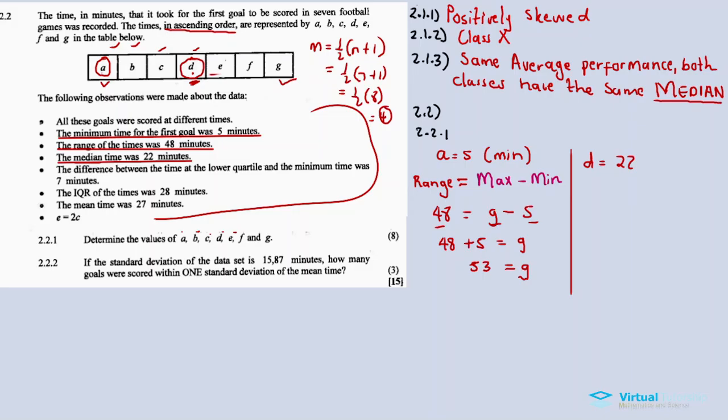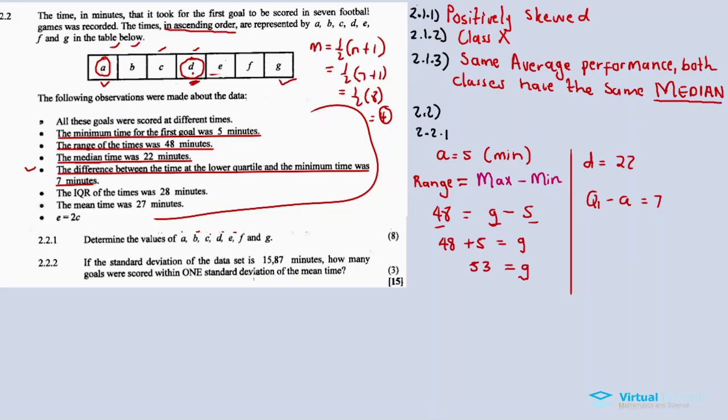Now the next quantity I calculate, I believe it's B. I'll explain. In the fifth bullet point, the difference between the time at the lower quartile and the minimum time was 7 minutes. So Q1, which is the lower quartile, minus the minimum is equal to 7 minutes.